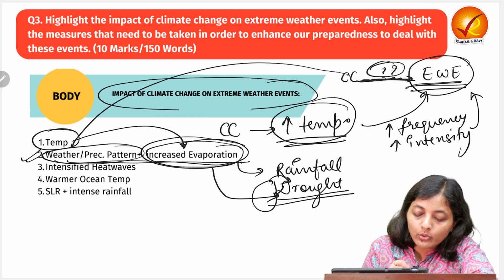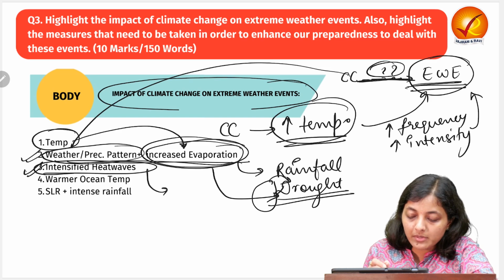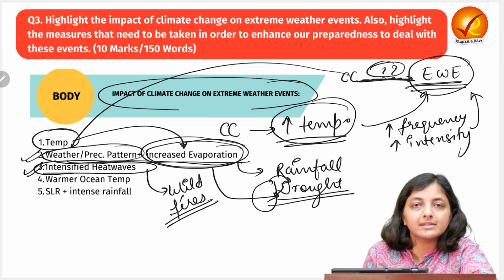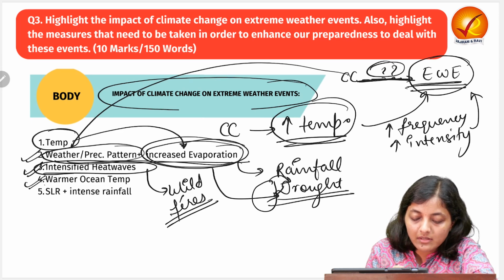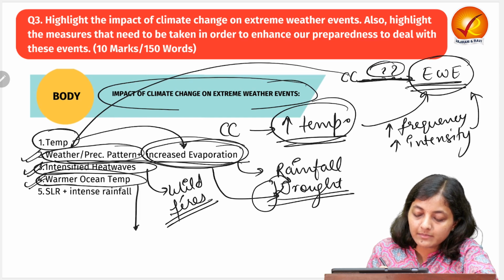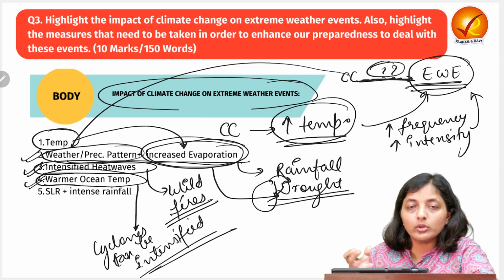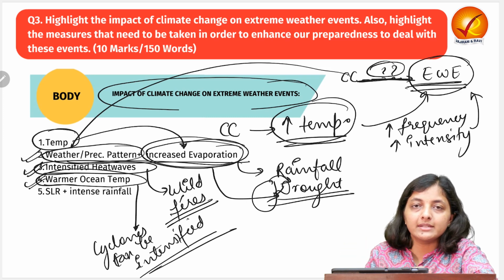Next, due to climate change, intensified heat waves can occur. Because of this, wildfires can take place. Next comes the warmer ocean temperature. Due to this, cyclones can be intensified. Now they get more water with more intensity.